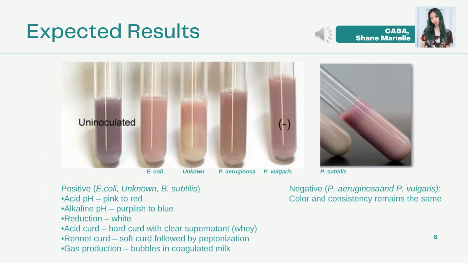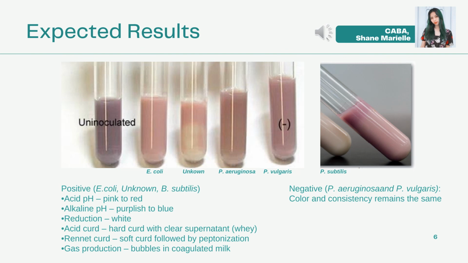The expected results for this exercise are that E. coli, the unknown bacterium, and Bacillus subtilis test positive, while Pseudomonas aeruginosa and Proteus vulgaris are negative. For it to be positive, it must show the following. If it is an acid pH, the pink will turn to red. If it is an alkaline pH, the purple will turn to blue.